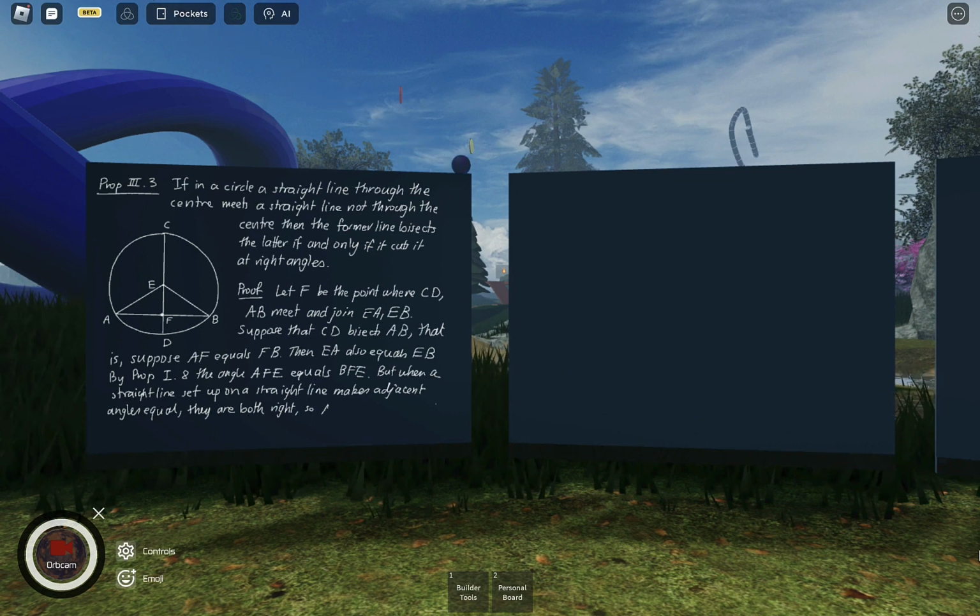Okay, so that was one direction. Now for the second direction, it's basically the same argument. Okay, so when a straight line set up on a straight line makes adjacent angles equal, they are both right. So AFE and BFE are right. Okay, now for the reverse direction.